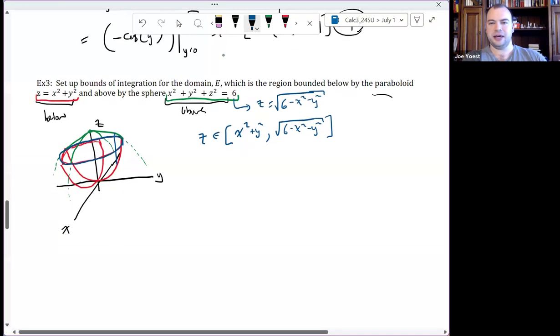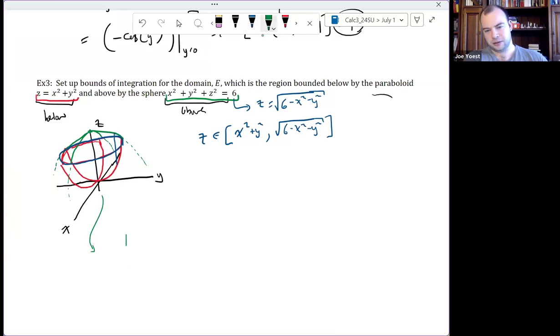Now to figure out the x and y bounds, let me pull out the xy plane here. And I see that the projection of this circle of intersection onto the xy plane is going to be a circle as well.